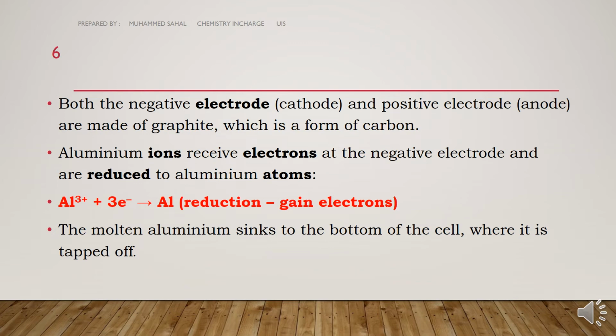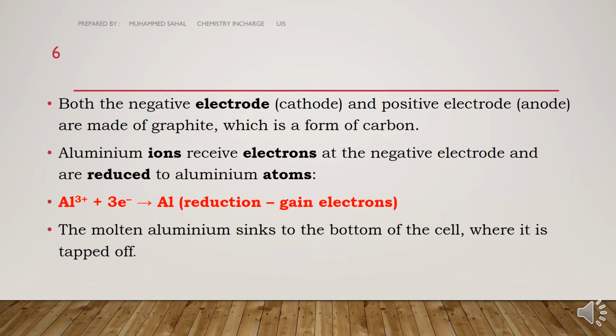The positive aluminum ions are attracted to the cathode, that is the negative electrode. They gain electrons to form molten aluminum metal. Here reduction takes place. Al3+ plus 3 electrons gives Al.